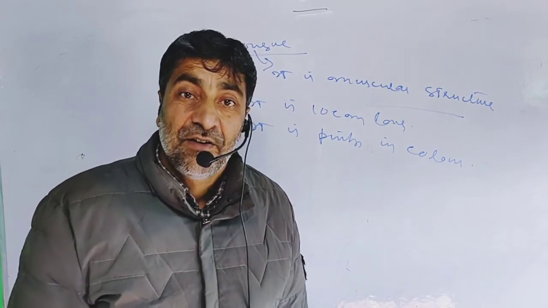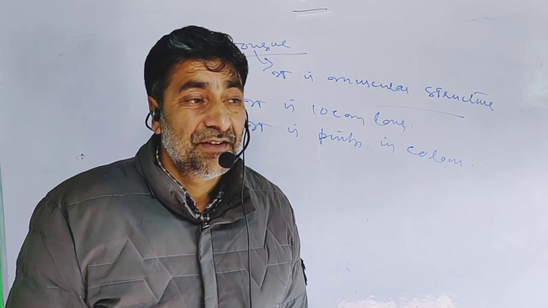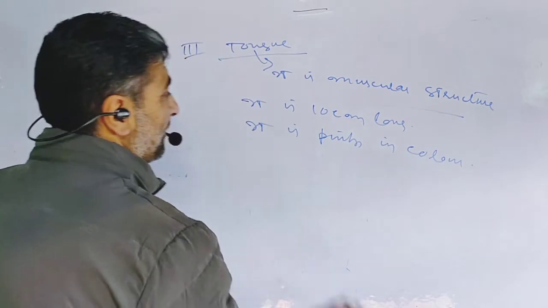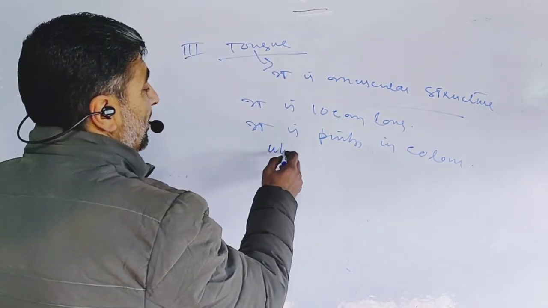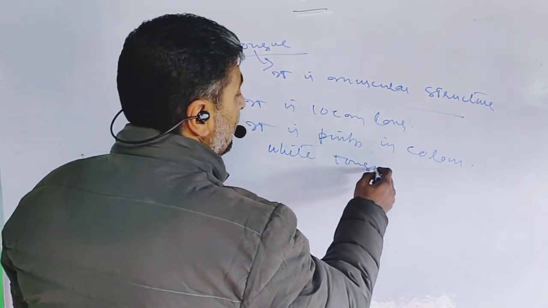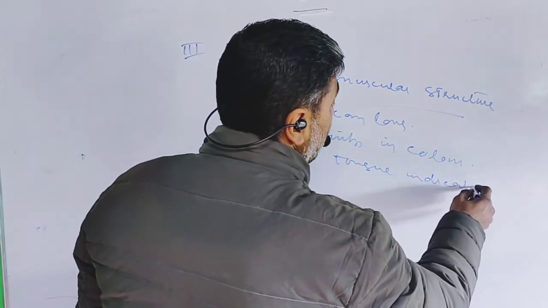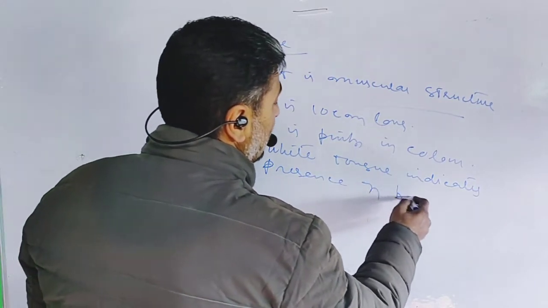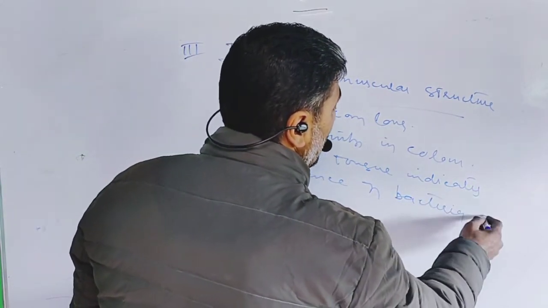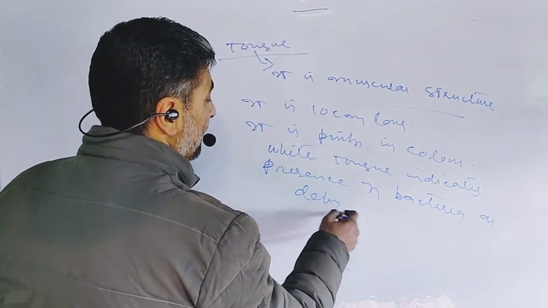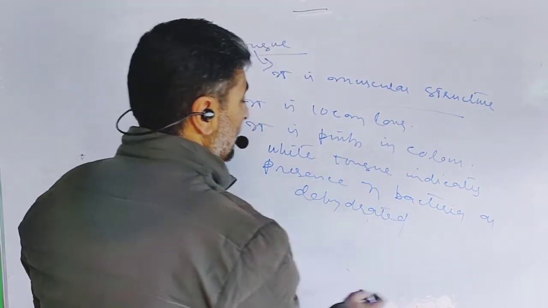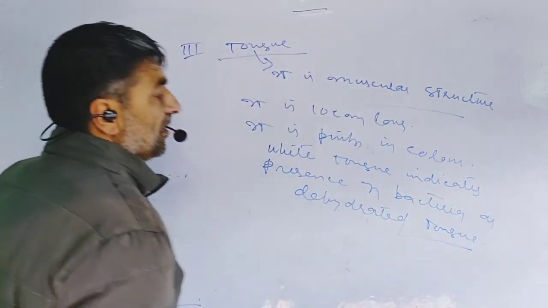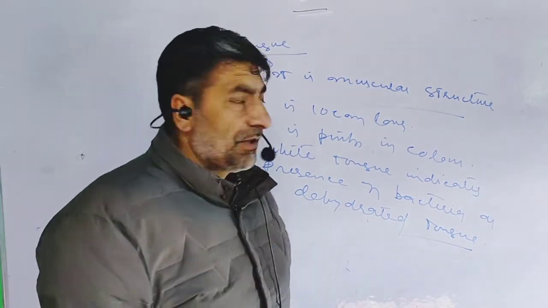White tongue indicates the presence of bacteria or a dehydrated tongue, which means loss of water occurs here. A dehydrated tongue also becomes white. Okay.